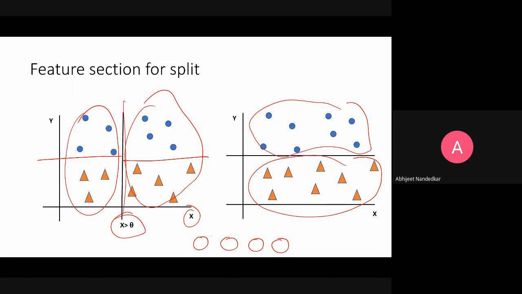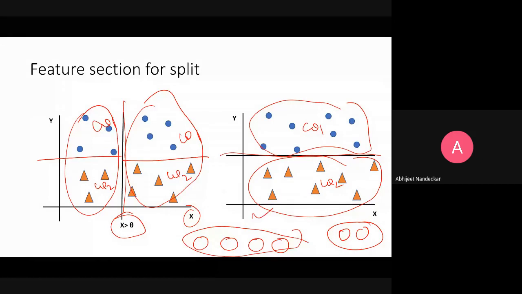So two nodes for say omega 1 and two nodes for say omega 2 here. But if I follow the idea of horizontal split, then I have straight away two nodes for omega 1 and omega 2. Okay, so the structure becomes simpler when I go with the second idea rather than the first idea.